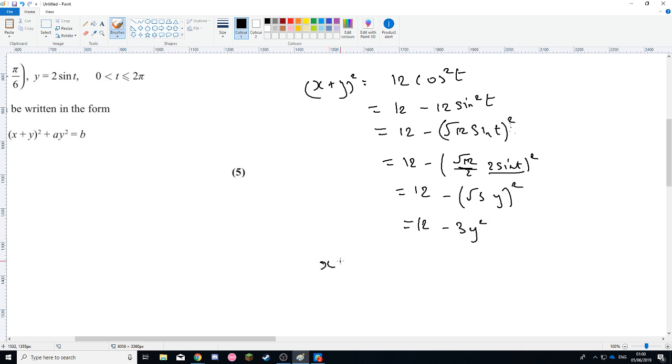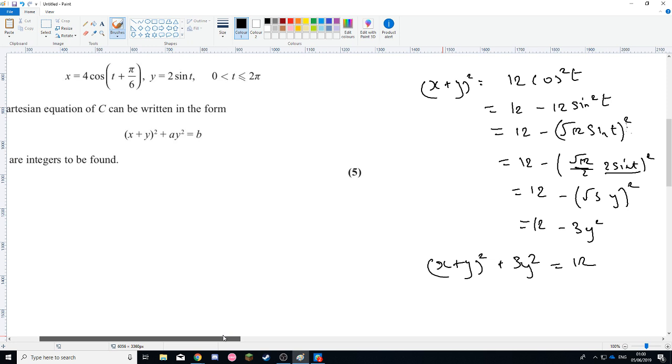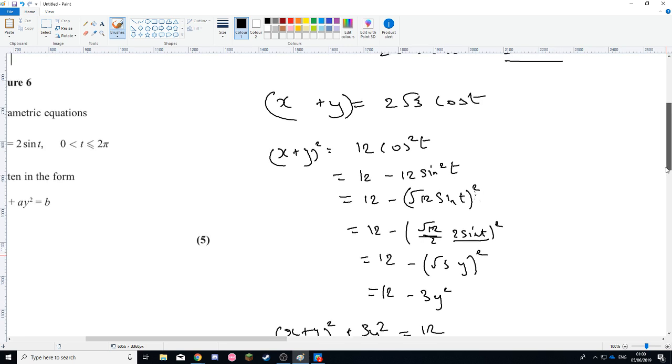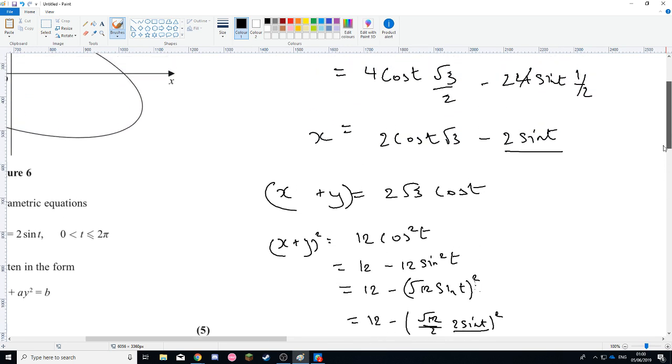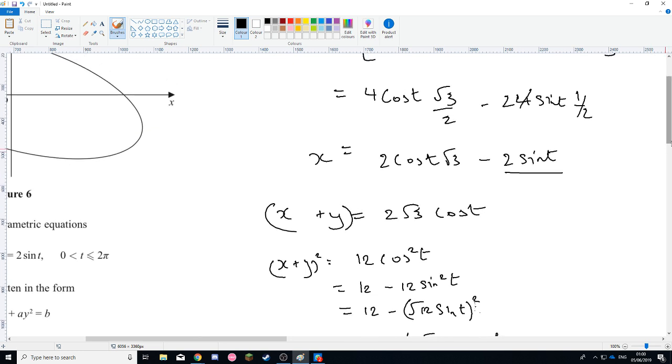So x plus y squared plus 3y squared is equal to 12. A and B are your integers. A is 3, B is 12. 5 marks, not too bad. Another way you could have done it, I don't know, this is a pretty straightforward way.